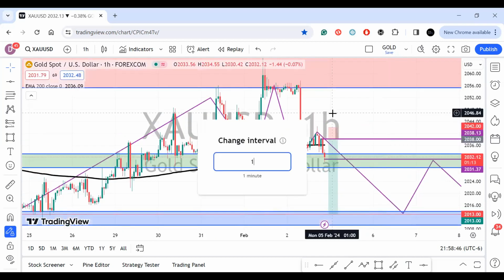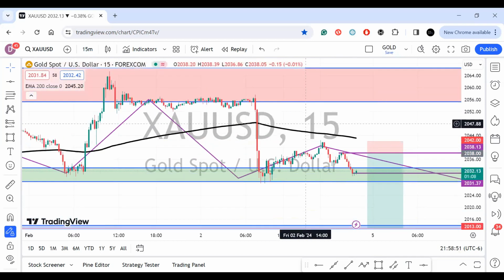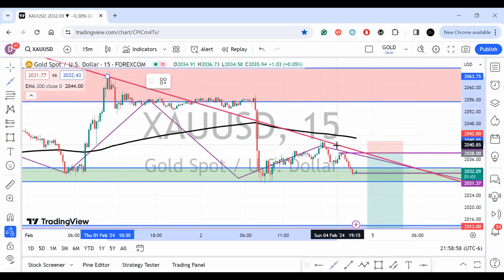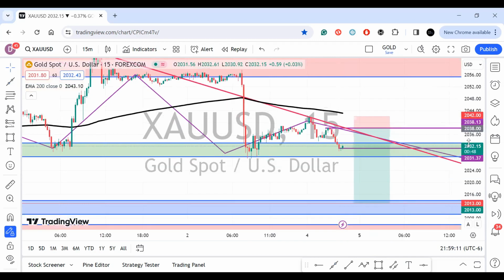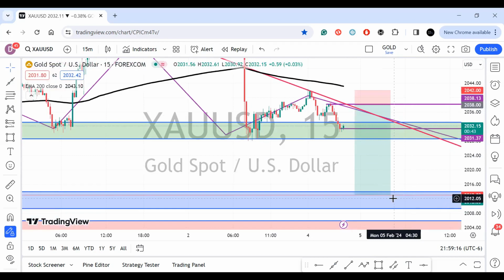Okay, let me go to the 15 minutes time frame. So if I plot a trend line from this peak to this current peak, once price hits this 2013, I'll be looking out for price to come back to retest this trend line.